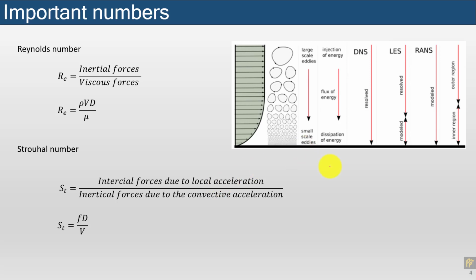Local acceleration is given as dv by dt, the rate of change of velocity. This can happen for many reasons, but in local acceleration you will always see that some external force is involved. For example, if the car is accelerating, it is because of the power from the engine.